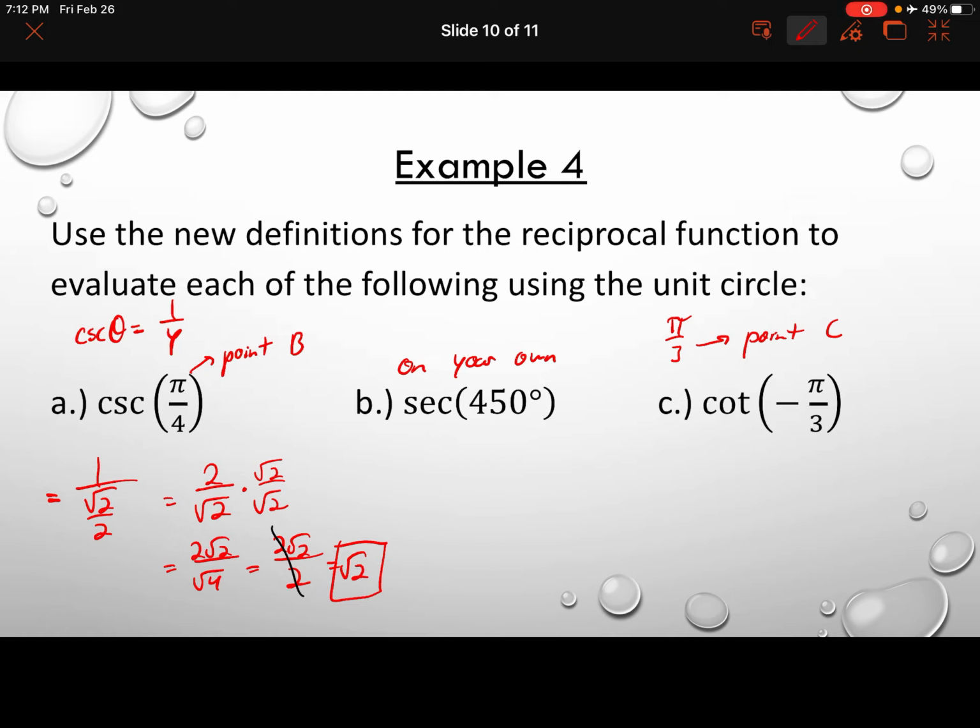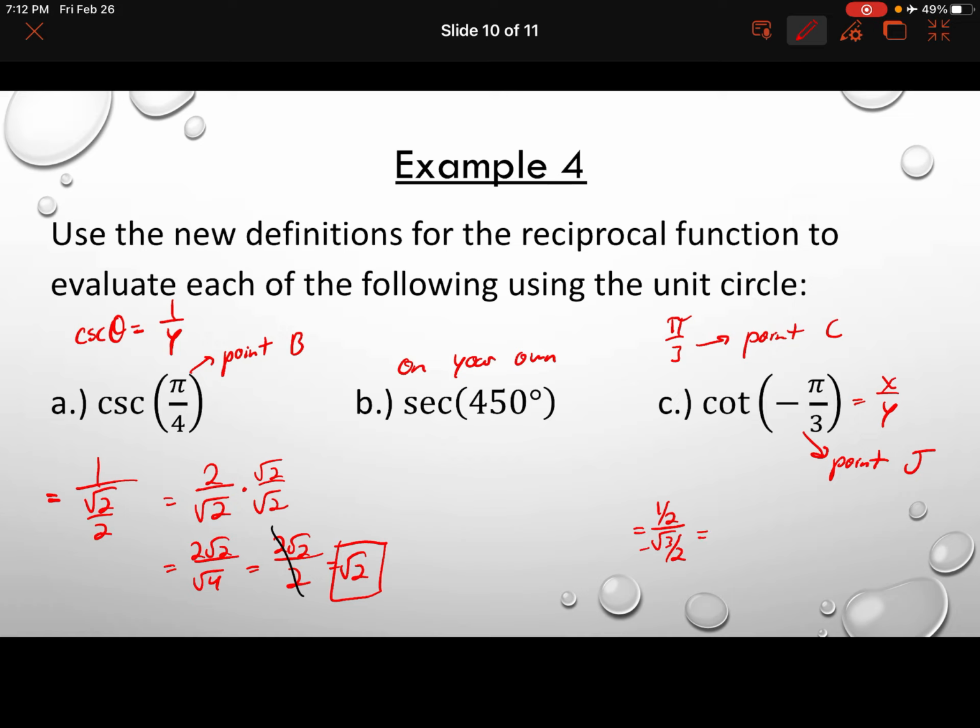A, B, C, D, E, F, G, H, I. That would be point J. So you should be looking at point J on the opposite side of the x-axis. Now we're looking for cotangent, x over y. In this case, the x value would be 1/2, and the y value would be negative radical 3 over 2.